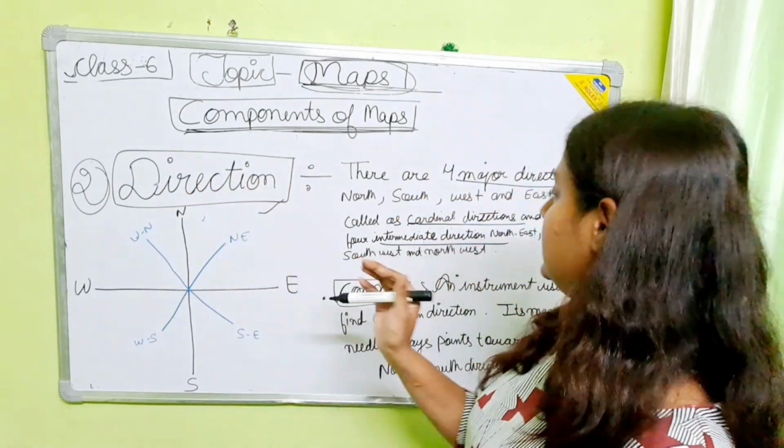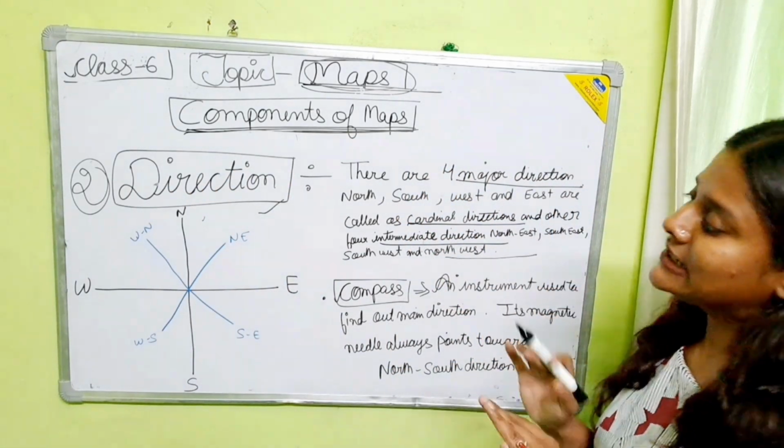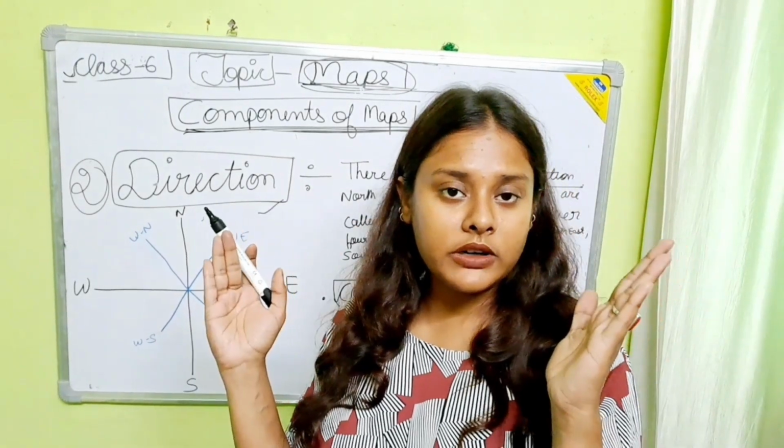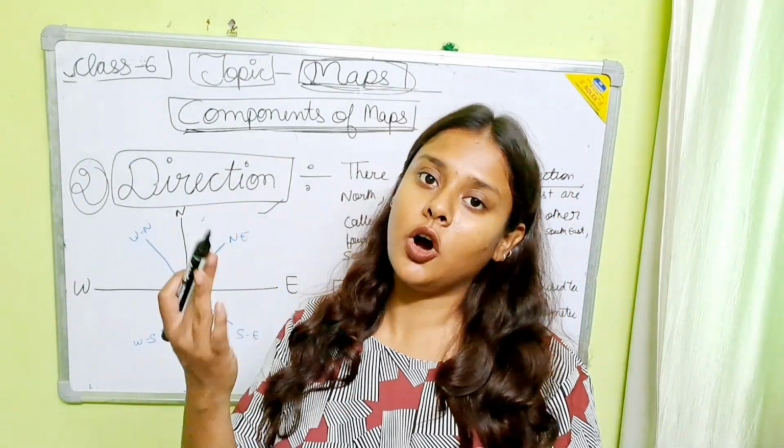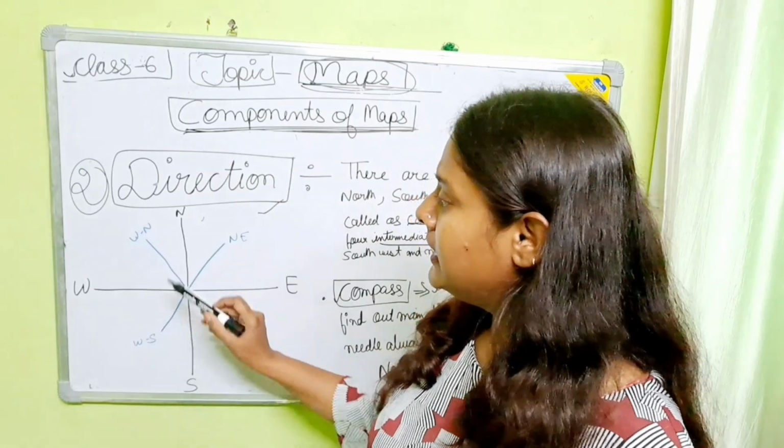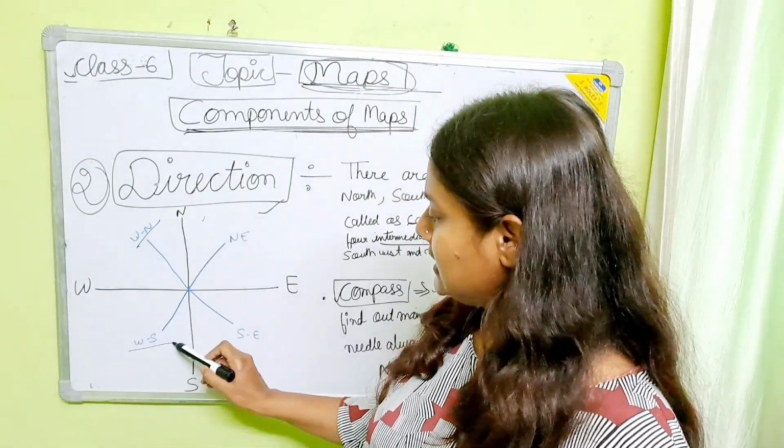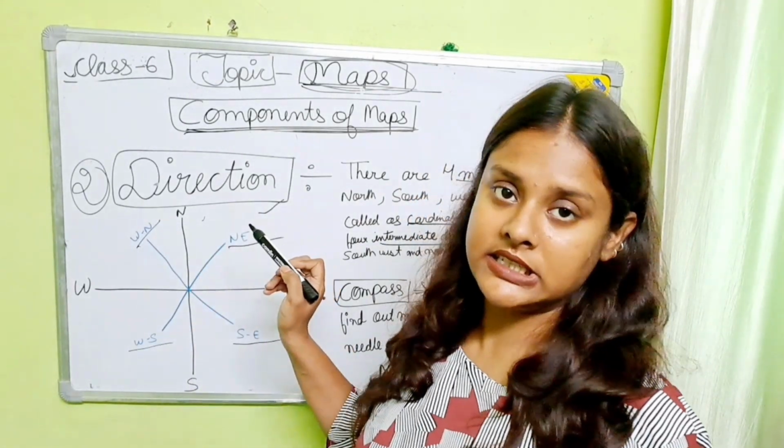These are the 4 intermediate directions. It is clear now, I hope. 4 cardinal directions: north, south, west, east, and intermediate: northwest, southwest, southeast, northeast.